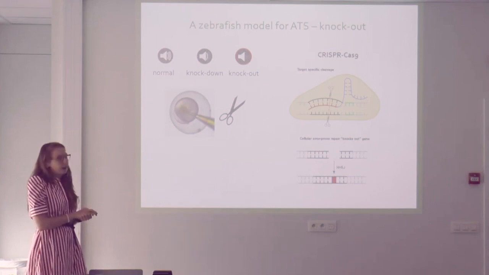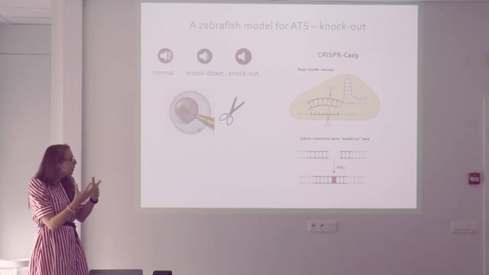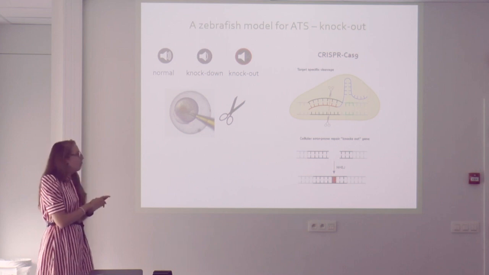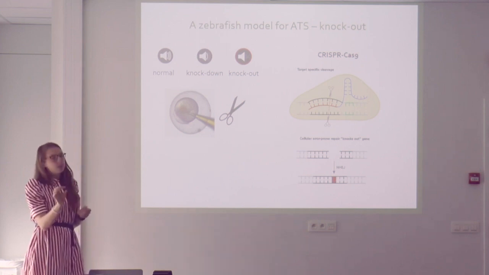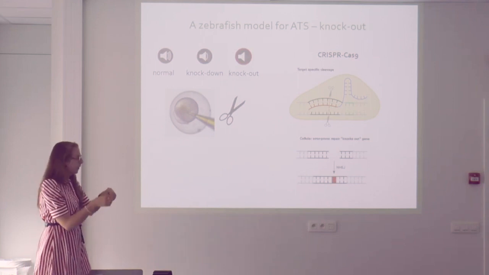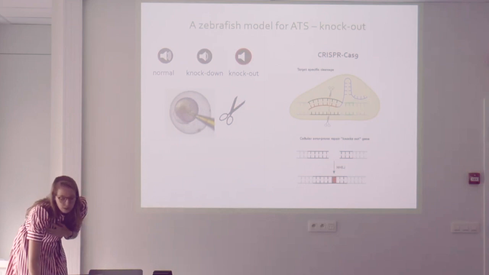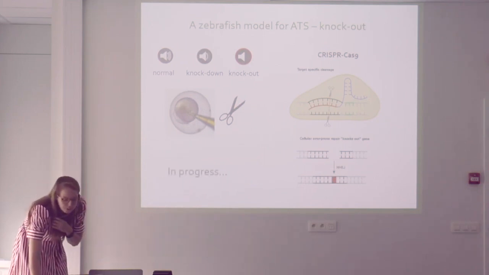And what we can do then is just let the cell itself repair the break, but the cell makes mistakes, and then you have deletions. But what we can also do now is placing a specific mutation found in patients, placing it in the zebrafish. So that is a much more relevant model. But we're working still on that, so I cannot show actual results from that yet.